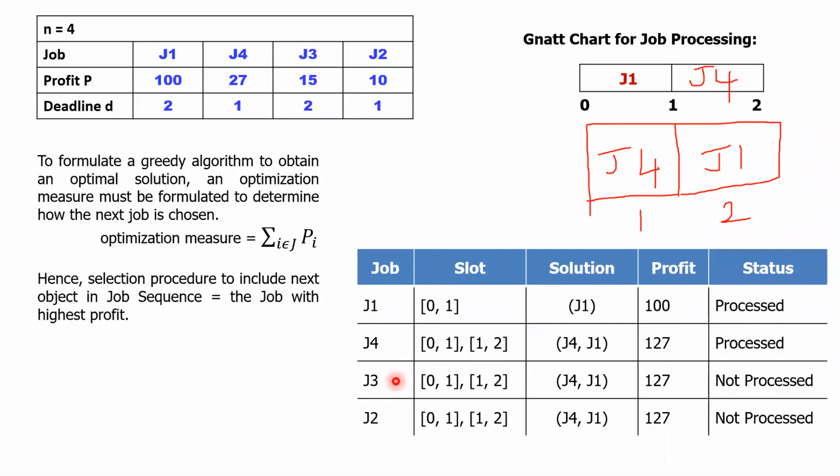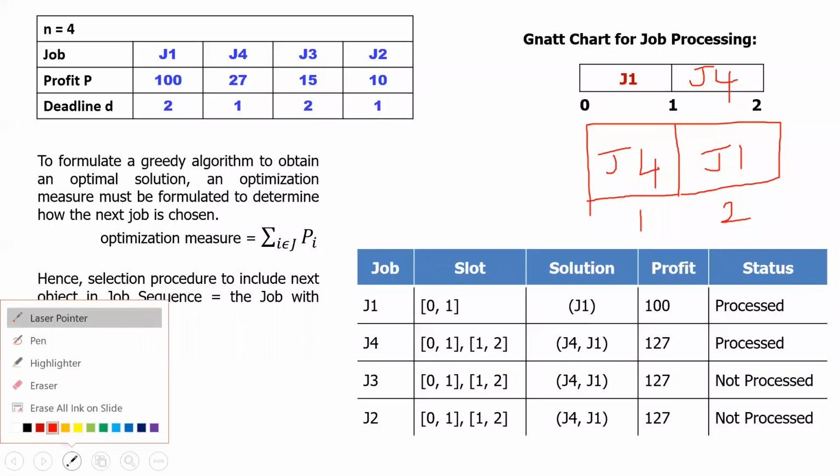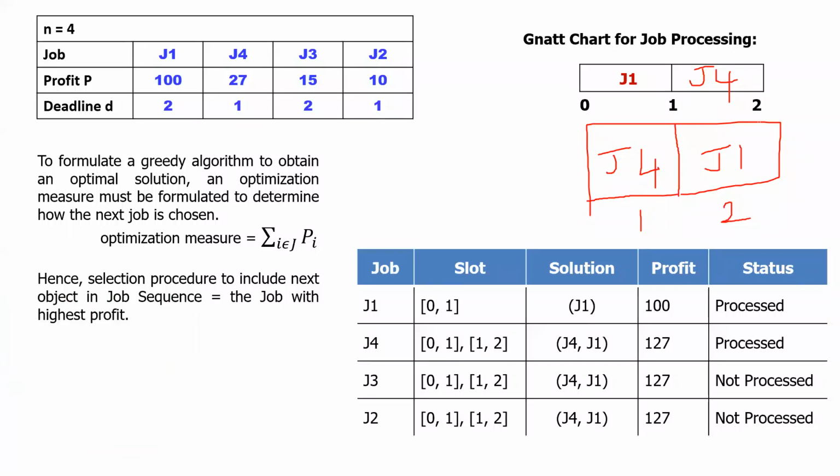J3, right? I cannot complete J3 because J3 has to be finished within 2 time units. Already the first 2 time units are occupied. If J3 has to be scheduled, it has to be scheduled in the next time unit, that is, I can schedule it in the 3rd time unit.